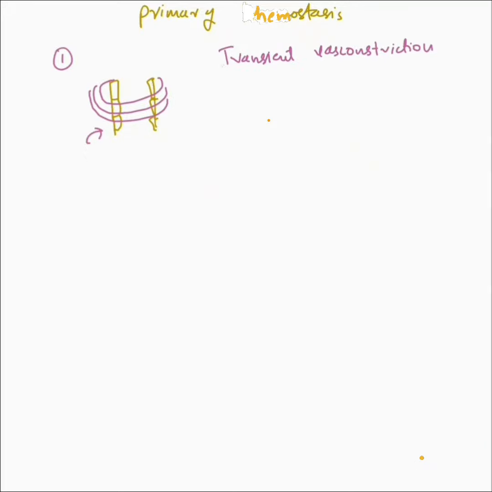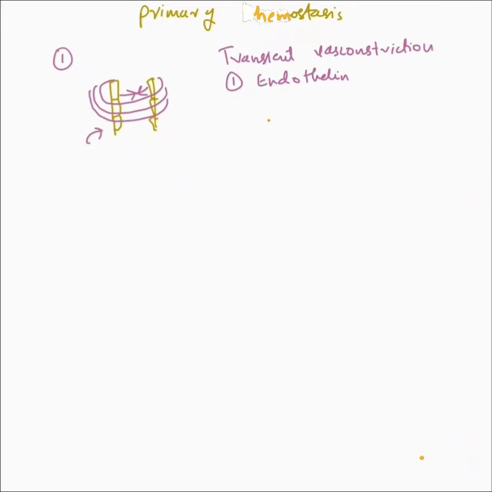The vasoconstriction is mediated, number one, by the endothelium. It causes the smooth muscle to constrict and then occlude the lumen, and that results in decreased bleeding. So the whole idea behind transient vasoconstriction is to prevent bleeding.